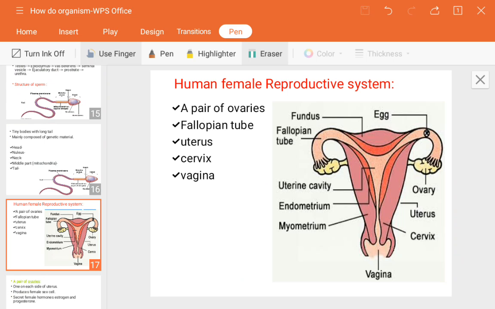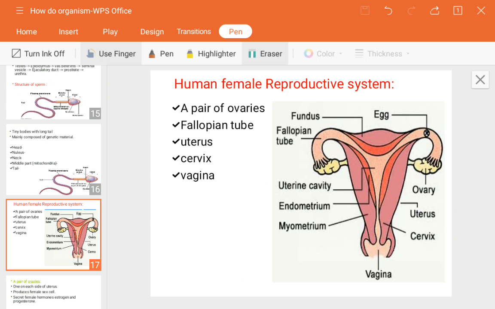Next, a pair of ovaries produces the egg cells or the germ cells, that is ova or ovum. We know the gametes produced by the female reproductive system are known as ovum or ova, which are released by either of the two ovaries.